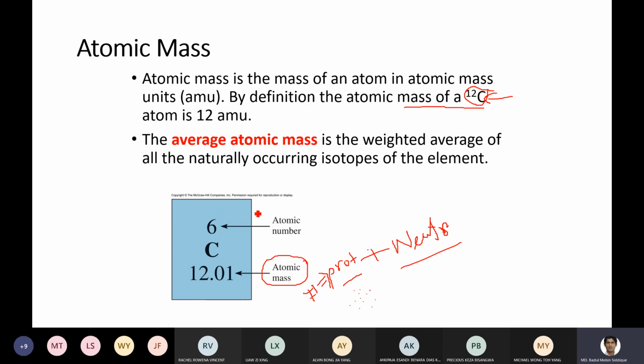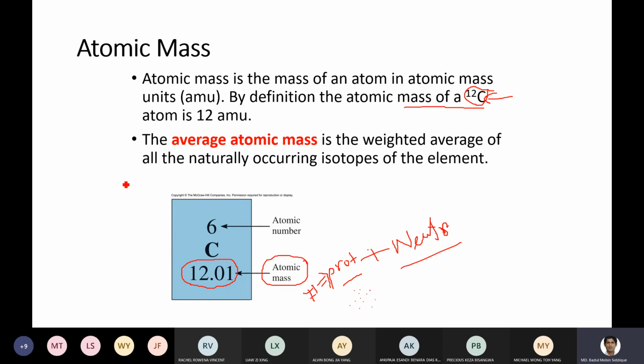So if we do not have half or a fraction of it, how can we have a fraction in this total number? Where is it coming from? This is the question, and the answer is that the atomic mass number is actually the average atomic mass of all the isotopes that occur naturally for that element.